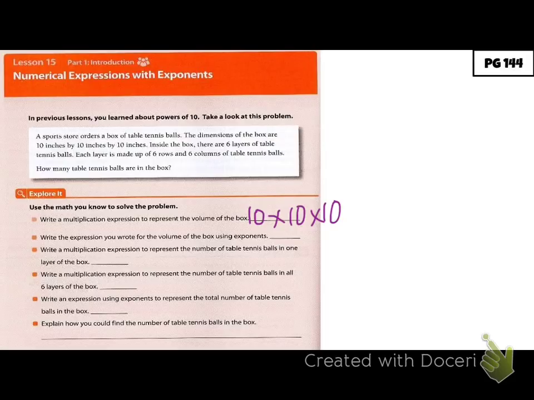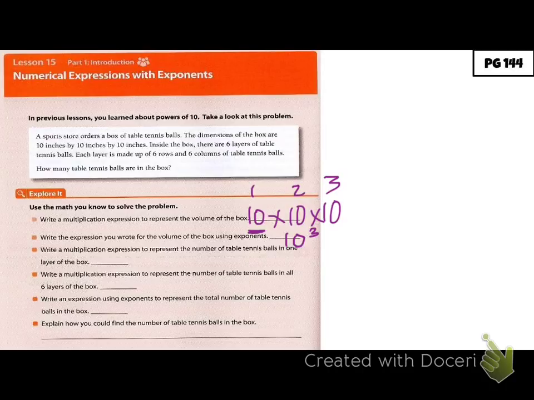So when we do that, the number that we're multiplying, which in this case is a 10, becomes the big number in your exponent. So the big number would be 10. Then how many tens you're multiplying becomes your exponent. So you have 1, 2, 3 tens, so you put an exponent of 3. So it would be 10 to the third.